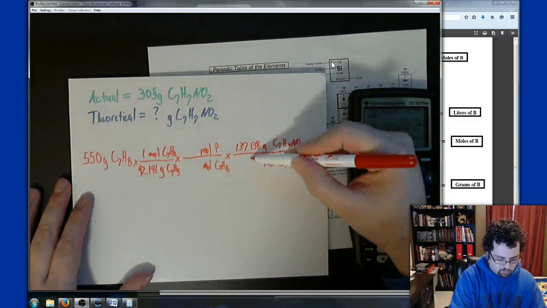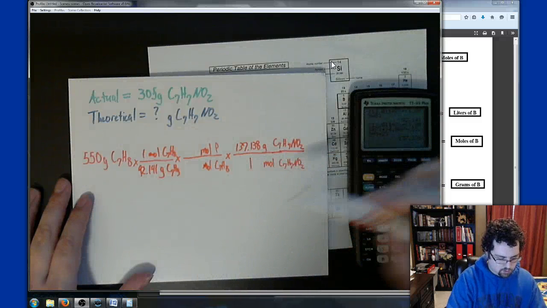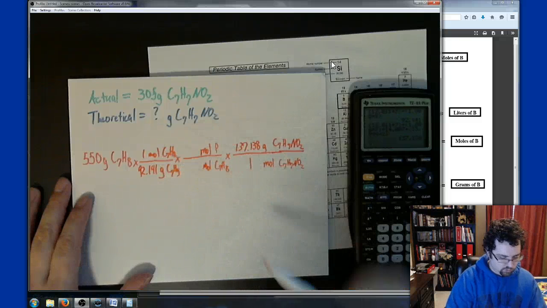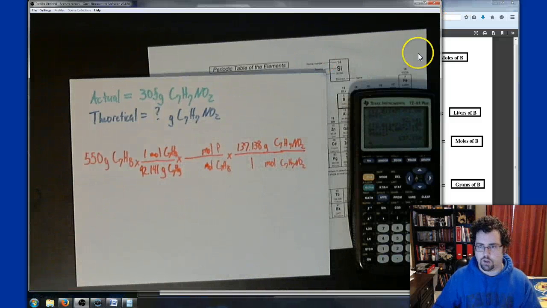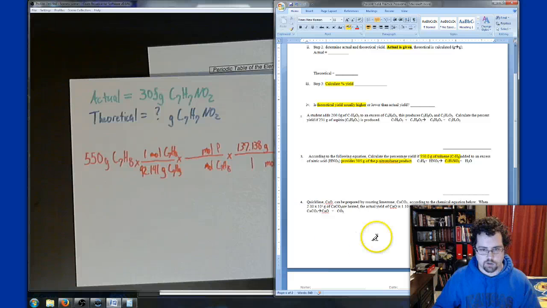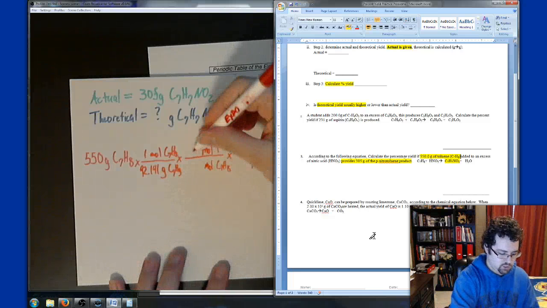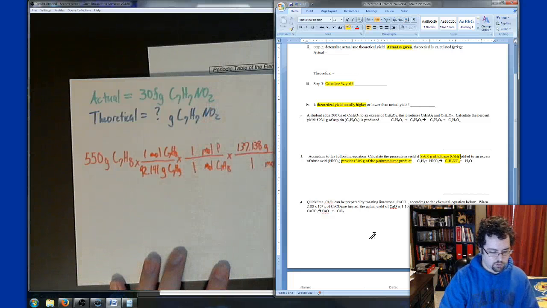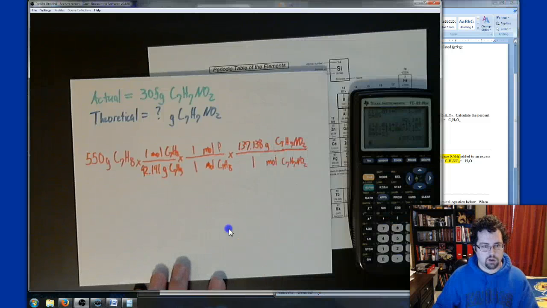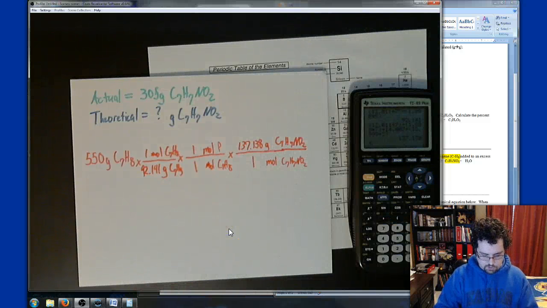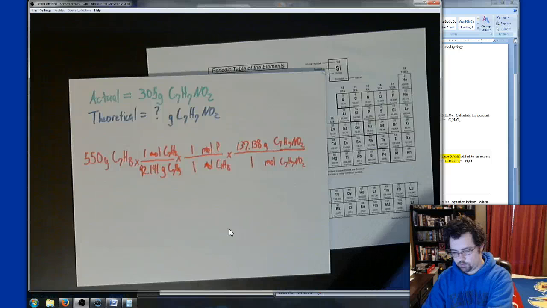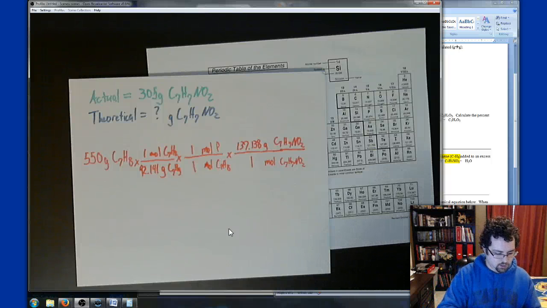That's how many grams there are per 1 mole of nitrotoluene. That's how many grams there are in 1 mole of C7H8. And then we go back to the actual assignment to look at the balanced chemical equation, which is balanced with 1s all the way across, so this is actually just a 1-to-1 ratio, so there won't be any math right there. So now we're going to double check, make sure our units cancel out again.